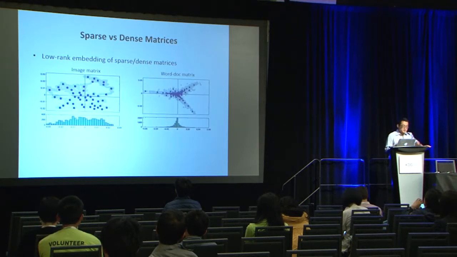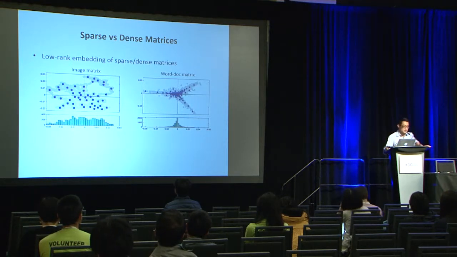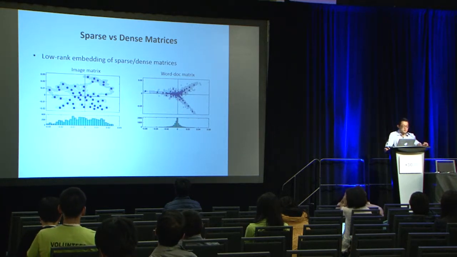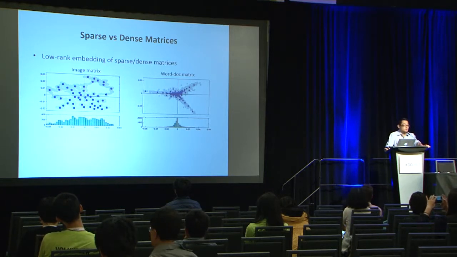Before jumping to the experimental evaluations, I want to talk about some details, which I believe are very important. First, we find that the dense matrix and sparse matrix have very different embedding behaviors. For example, the left figure is an image, the left singular vectors of an image. We can see that the energy of this image is distributed more or less uniformly across all the rows and columns.